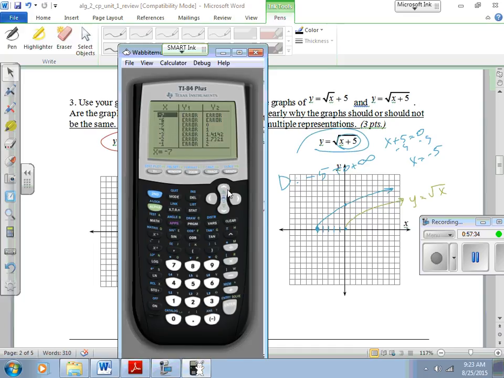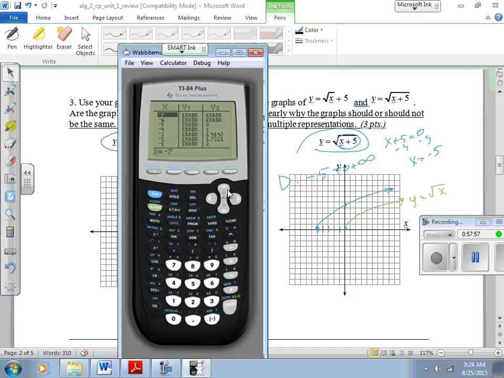That's when it starts having errors after -5. When x is -5, y is 0 technically, right? But after -5, there's errors there. Yeah, that's because the domain is from -5 to positive infinity for the new.